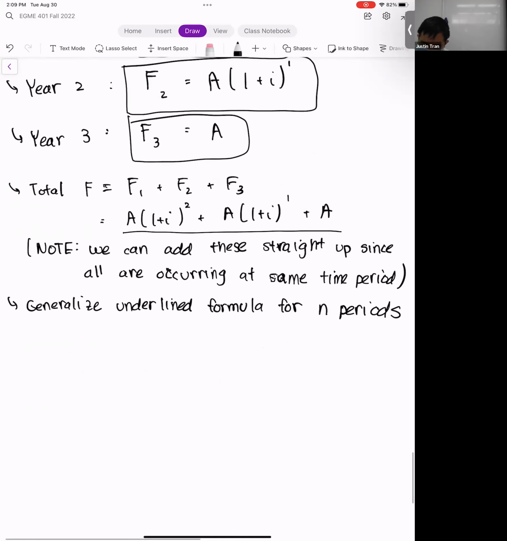Instead of stopping at just 2, we can say that the total F here is equal to A(1 plus I) raised to the n power, plus A(1 plus I) to the n minus 1, plus A(1 plus I) to the n minus 2, and so on, plus A.